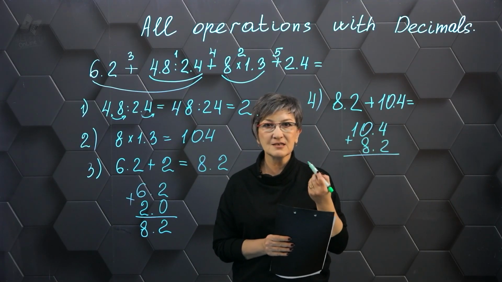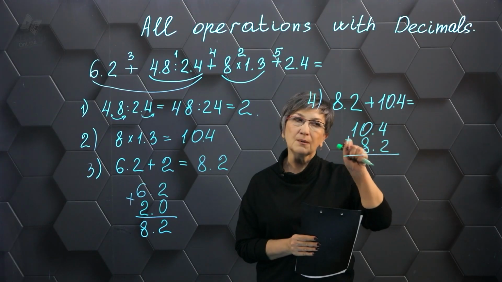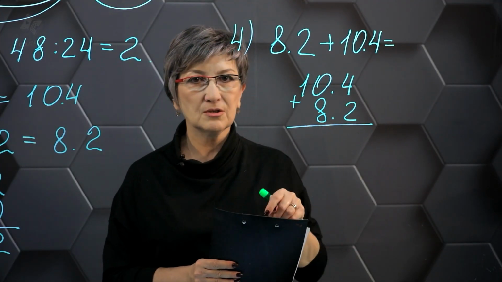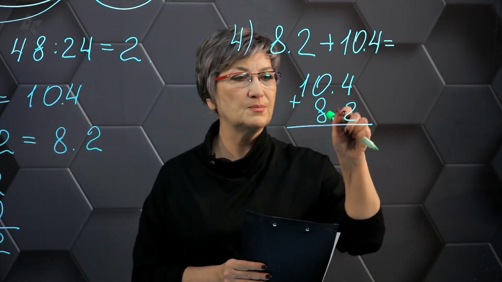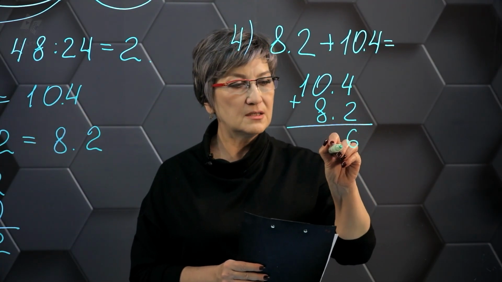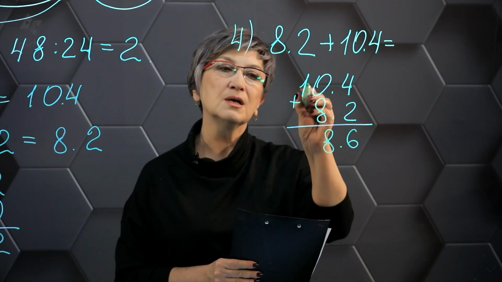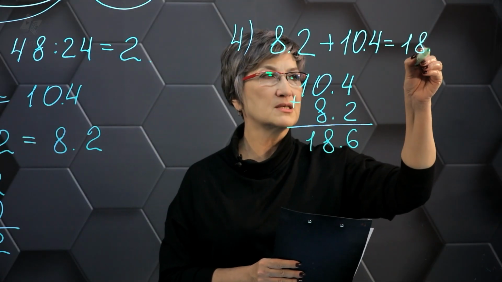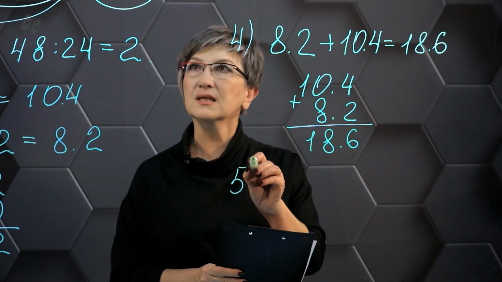There is a simple rule to follow: the decimal point should align directly under the other decimal point, unlike with multiplication. If we add 4 to 2, the sum is 6. The decimal point remains, 0 plus 8 makes 8, then I add 1. The outcome is 18.6.